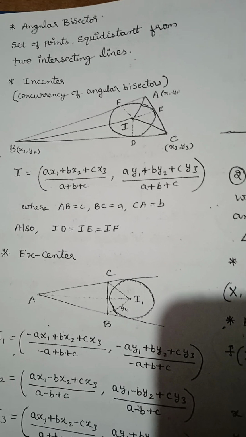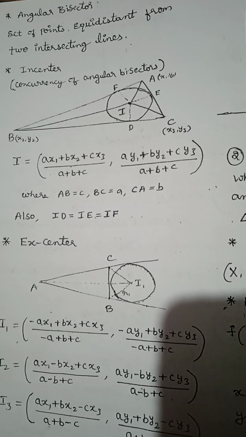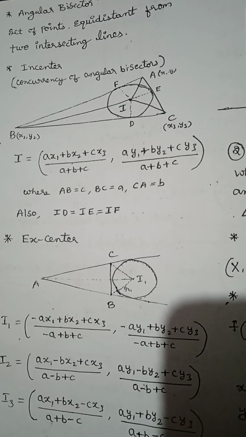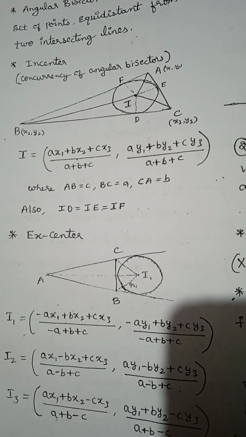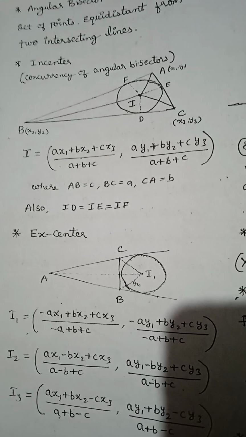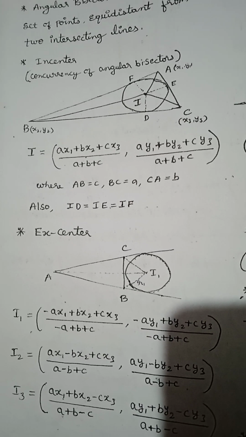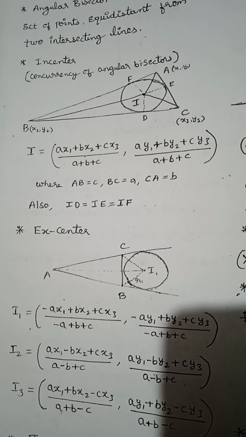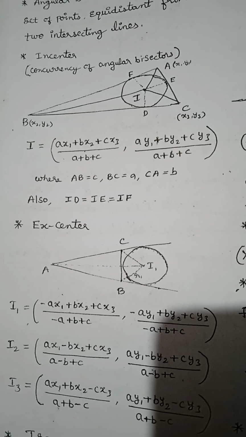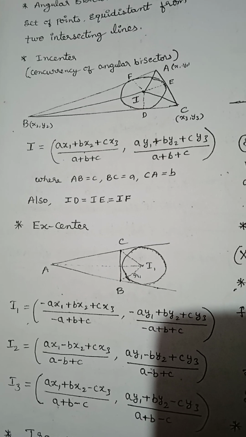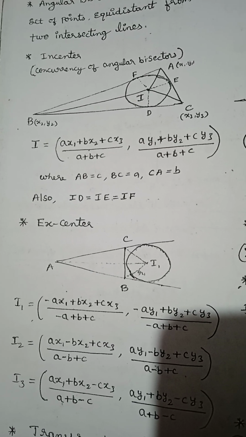We have the coordinates of the incenter as I equals (a x1 plus b x2 plus c x3) by (a plus b plus c), comma (a y1 plus b y2 plus c y3) by (a plus b plus c).